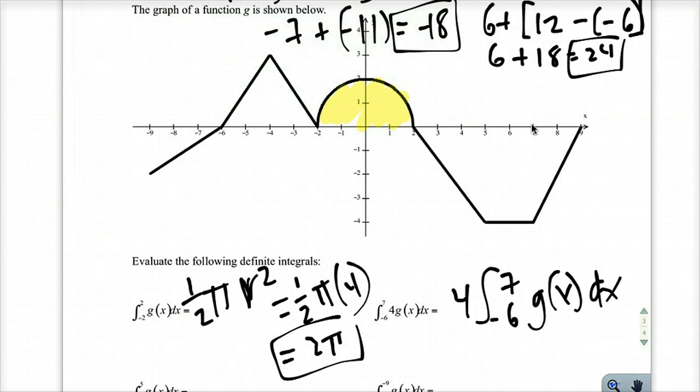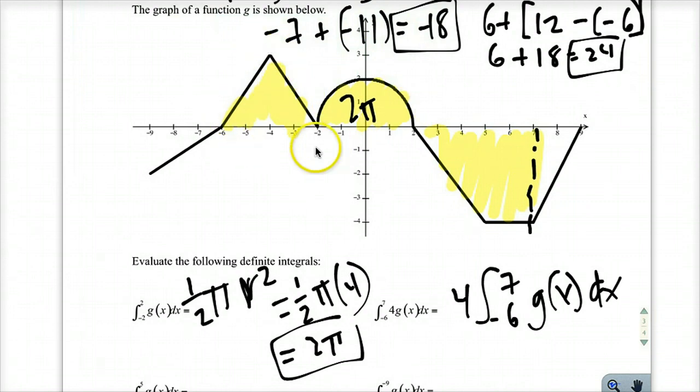So it's the area of this, plus what I already found, and I'll even label it, plus the area of this. And I'll put a dotted line so you know where I stopped. You may notice that this one is below the x-axis, so this is actually going to be a negative number.